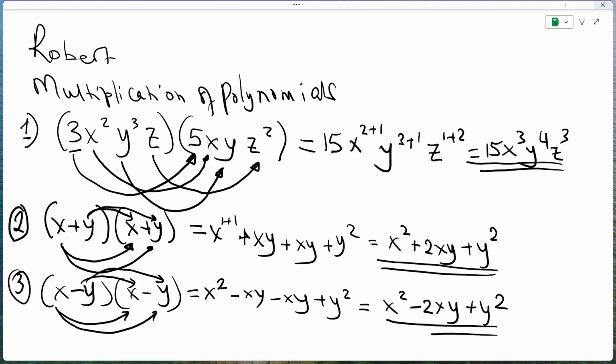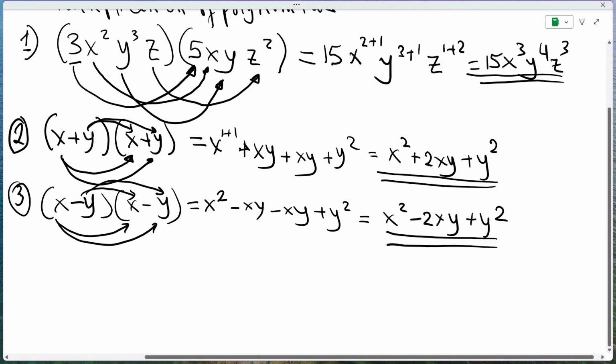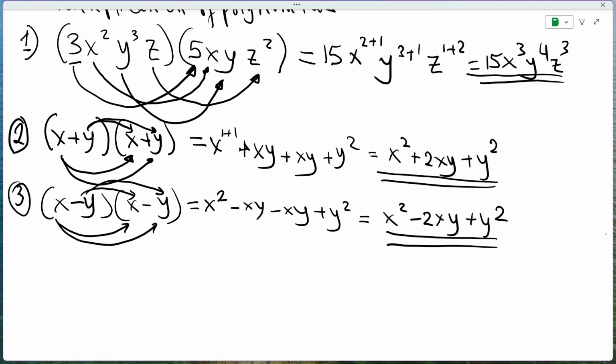So you can see that these two look a little bit similar, but the difference is that in example number 2, we have positive values, and then in example number 3, we have negative values. So you can see these answers here.